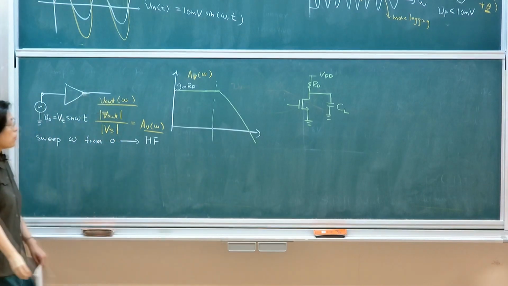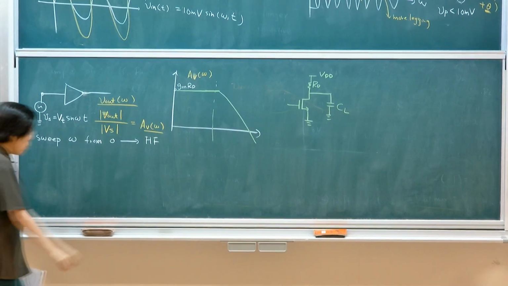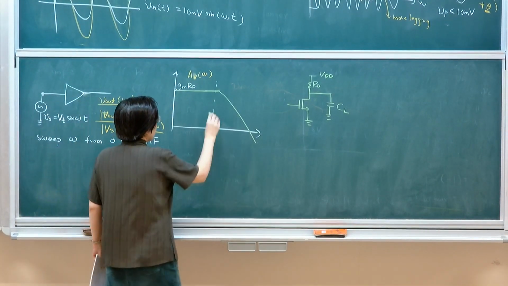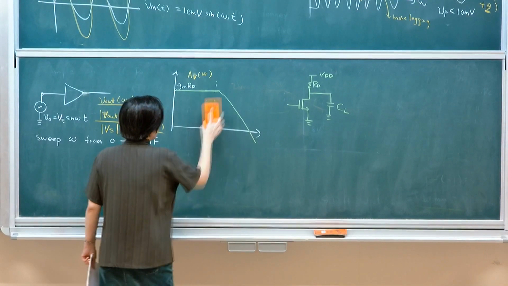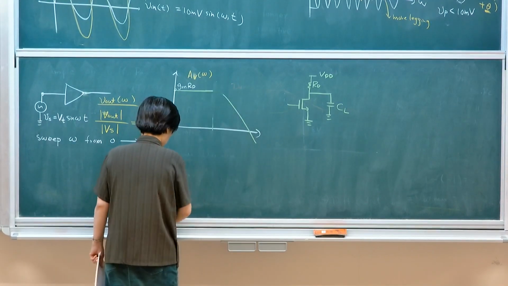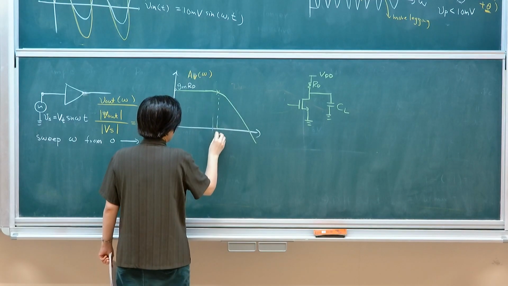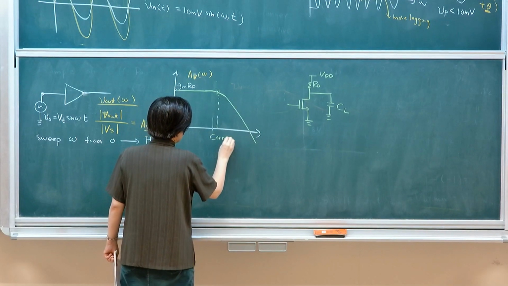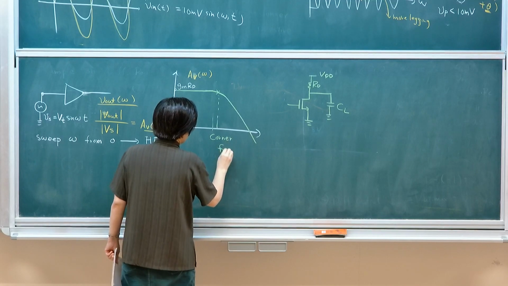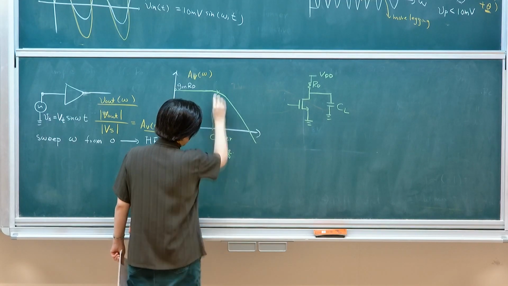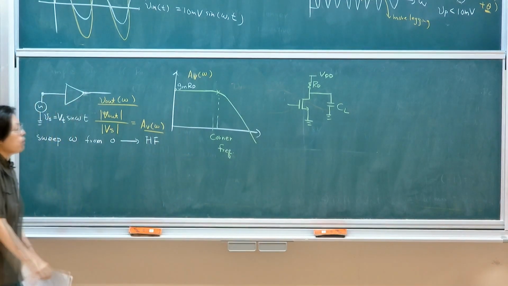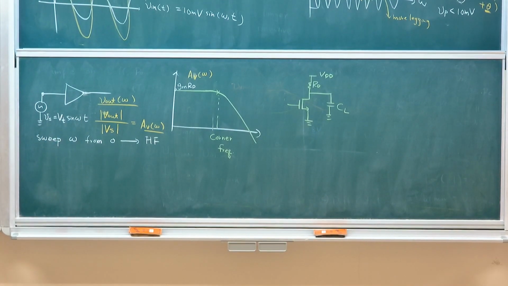When frequency is low enough, it reaches something that is typically referred to as the corner. So once it reaches a corner frequency, it starts to ramp down as the effect of capacitance becomes more obvious.